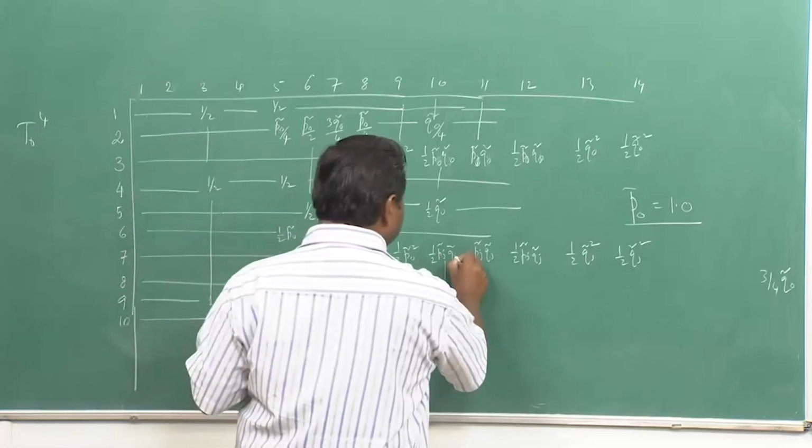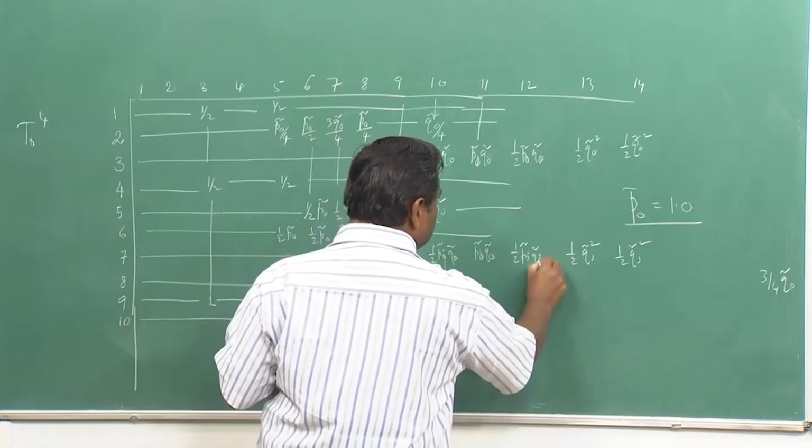So, in fact, wherever I put j, you should just simply put 0. So, this is j is equal to 0.